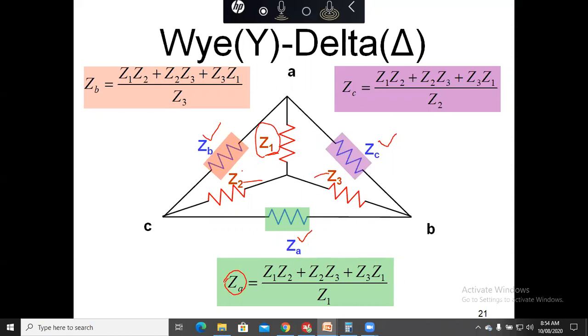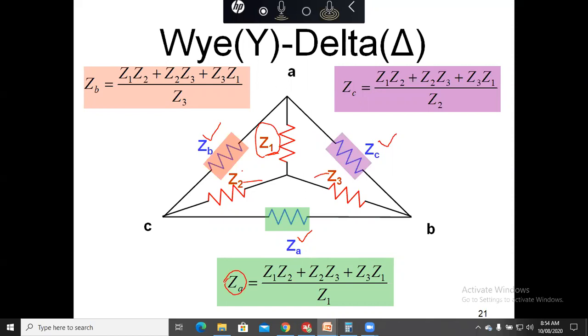So how can we calculate the value of ZA? We do the product of all the three impedances two by two.